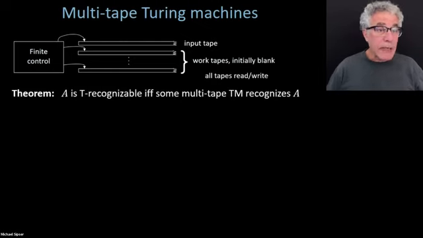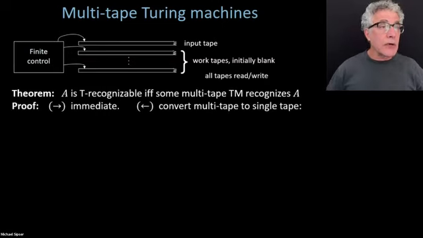For example, if you have a pushdown automaton with 2 stacks, you can do more languages than you can with 1 stack. So it's conceivable that by having more tapes, you can do more languages than you could with one tape. But in fact, that's not the case. One tape is as good as having many tapes. And we're going to quickly sketch through the proof of that fact.